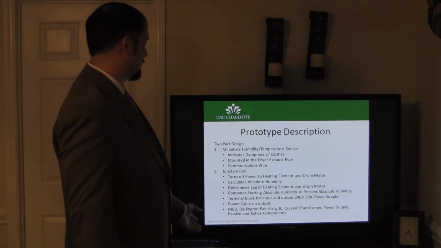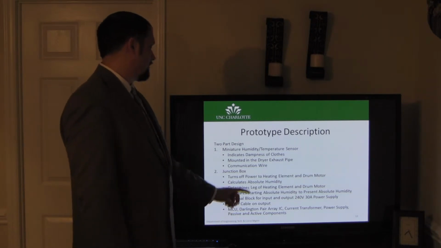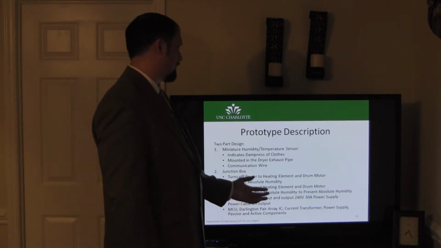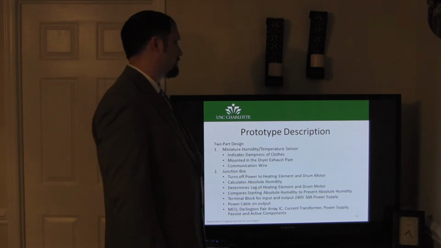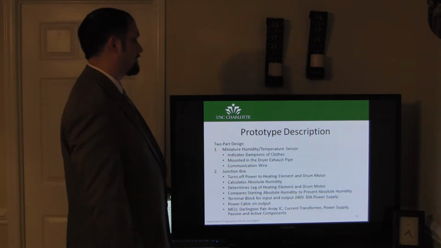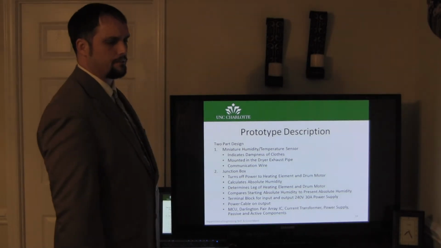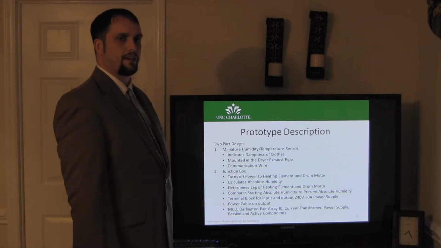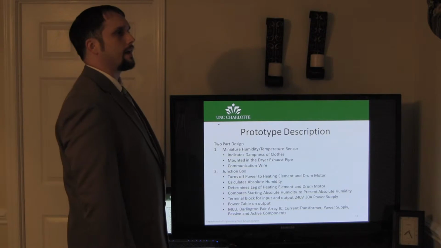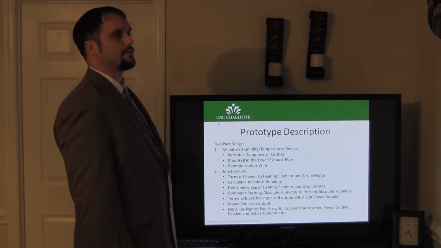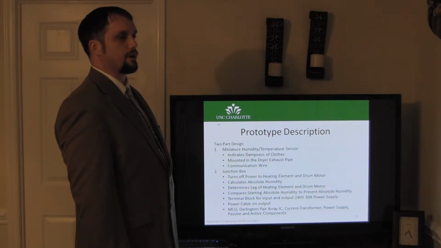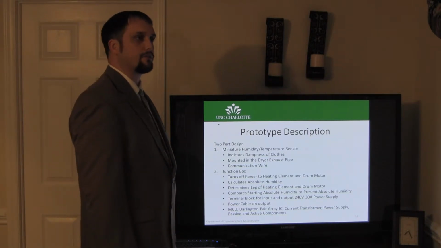This is the circuitry. It consists of a microcontroller, a Darlington pair array IC, current transformer, power supply, passive and active components, and diodes for bridges to essentially change that current into a voltage, and a resistor for the voltage drop across to make that current and voltage.